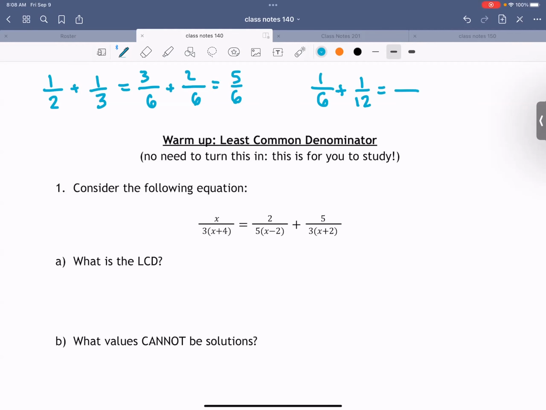Because we're not just multiplying the denominators. The reason we have 12 is because 6 is divisible by 2 and 3, and 12 is divisible by 2, 2, and 3, right?